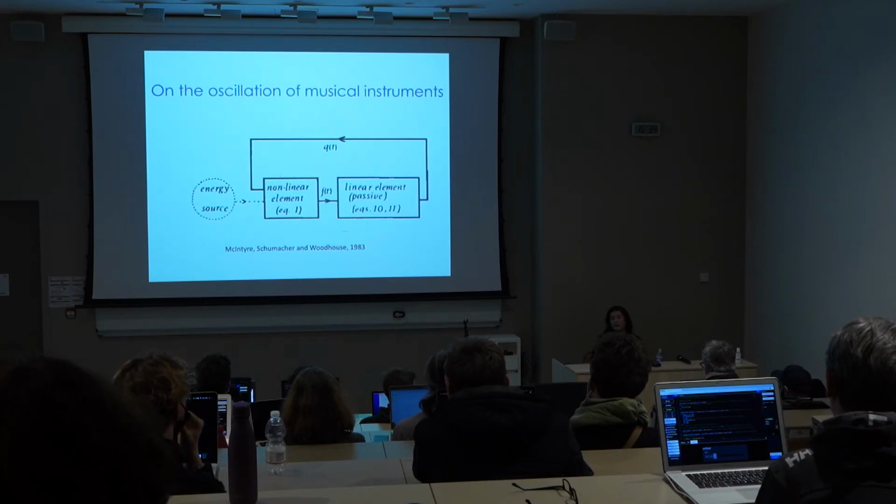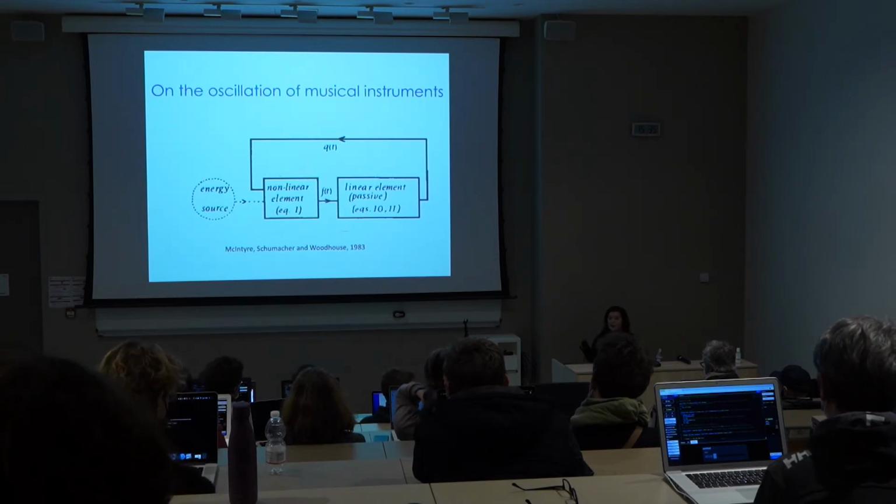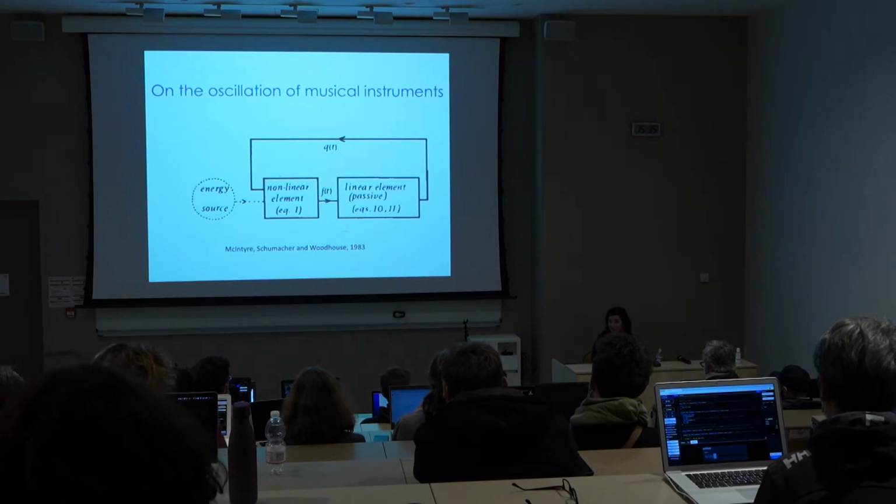The same with the body of a flute or the body of a clarinet. So the same simulation can be used to recreate all these instruments by changing the way we interact with them.